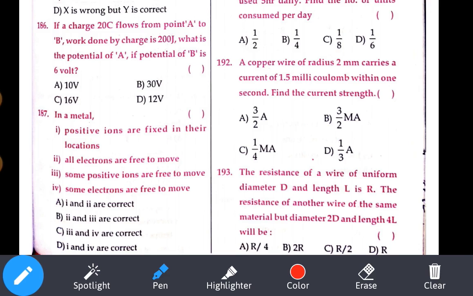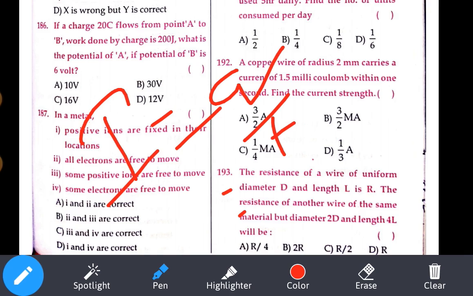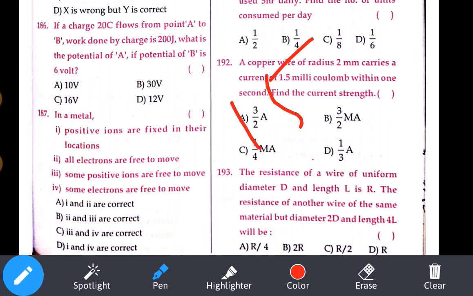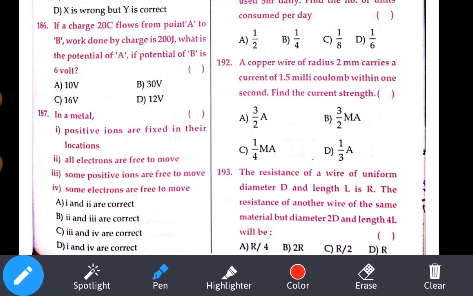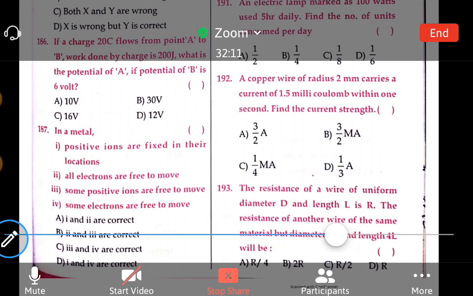Current is nothing but Q by T. What is the Q value they have given? 1.5 is nothing but 15 by 10. So 5 threes are 15, 3 by 2 is our answer. 3 by 2 milliamps. It's option B.